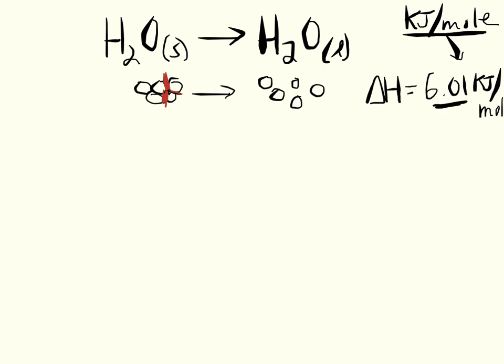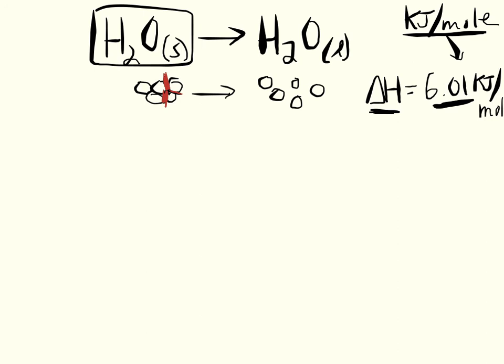There's no way to figure this out without doing an actual experiment, such as a calorimetry experiment, which we'll talk about later this week, in order to calculate the amount of heat that must be added for this process to occur. So just like we said before, you can't measure the amount of enthalpy that H2O solid has by itself. But as it changes into a different substance, H2O liquid, we can measure the change in enthalpy, and therefore denote how much the enthalpy changed for the process.